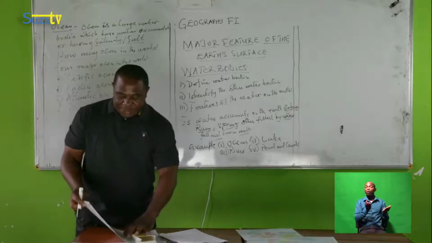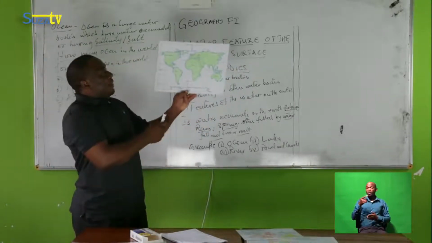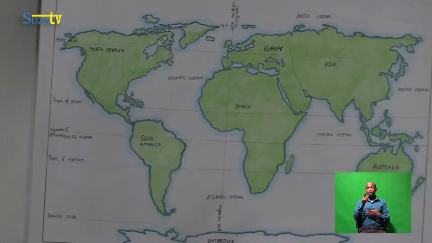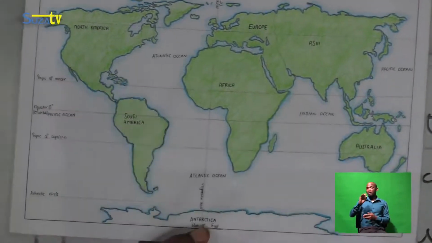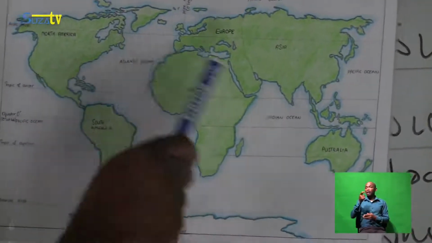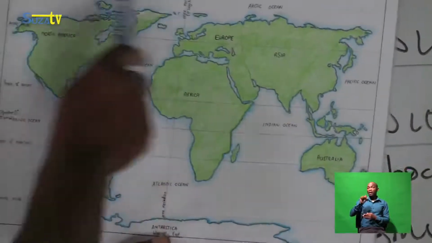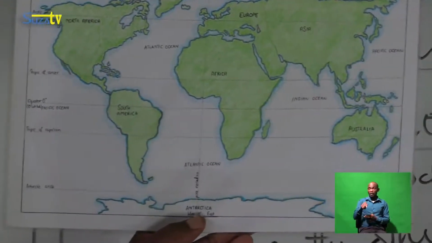My students, I can show here that there are four major oceans. This location is the Pacific, this is the Atlantic Ocean, and this is the Pacific Ocean, and the one above is the Arctic Ocean, and here is the Indian Ocean.